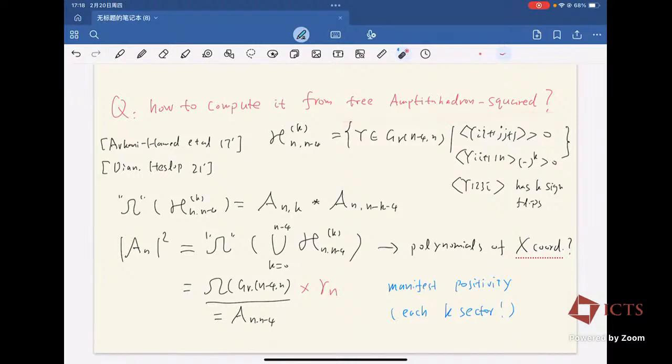So you just start with this definition in this paper, that the tree Amplituhedron squared, after you sum over all the k sectors, is actually something much simpler than the individual Amplituhedron at each k sector. So there's no sign flip, and you just need to find a nice way of computing the canonical form, but there's some issue with this weighted positive geometry.